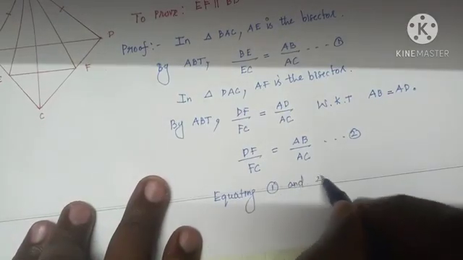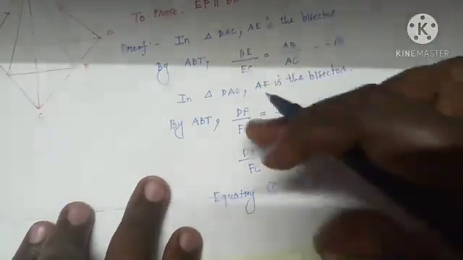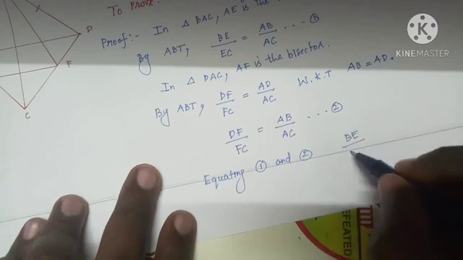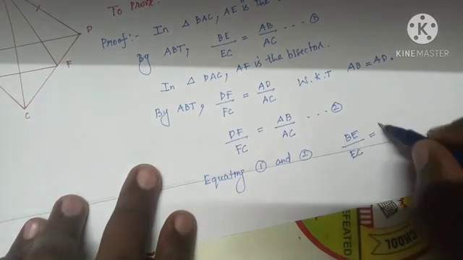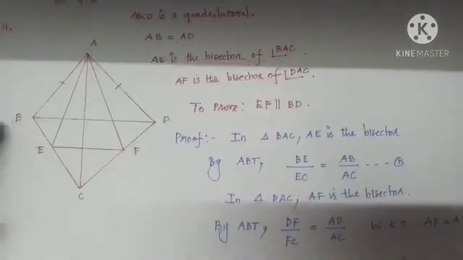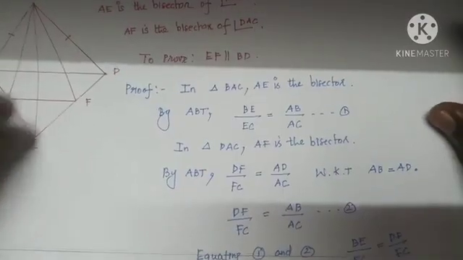Equating 1 and 2, what do we get? AB by AC equals BE by EC, and AB by AC equals DF by FC. So BE by EC is equal to DF by FC.